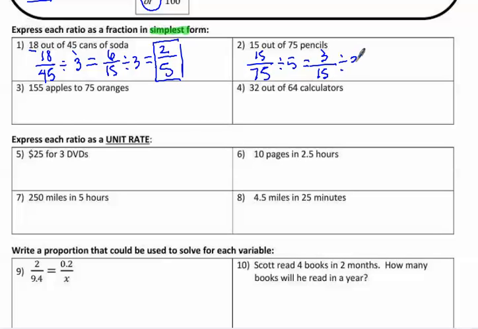These can be continued to reduce by 3. 3 divided by 3 is 1. 15 divided by 3 is 5. Pause the video and try 3 and 4.